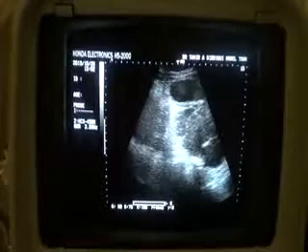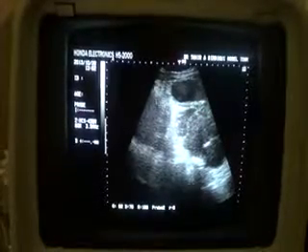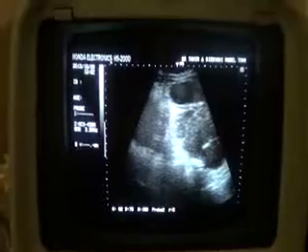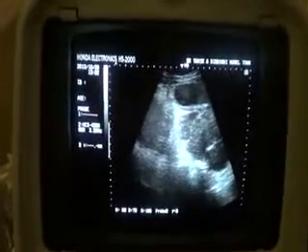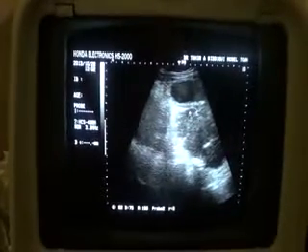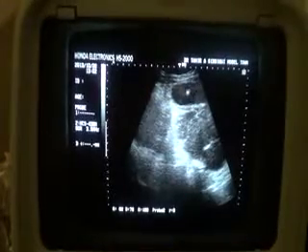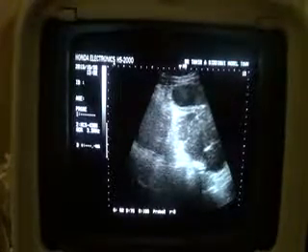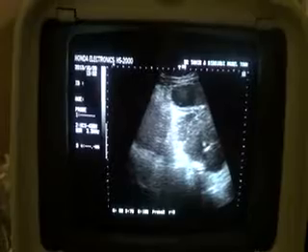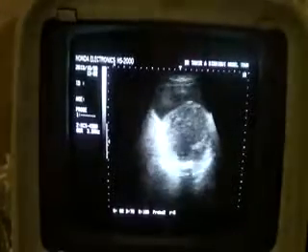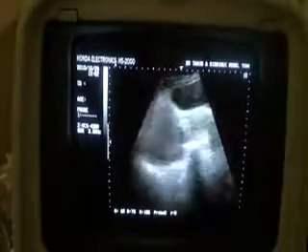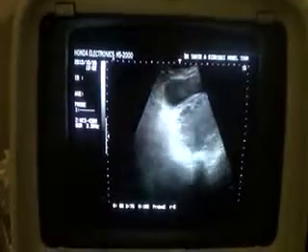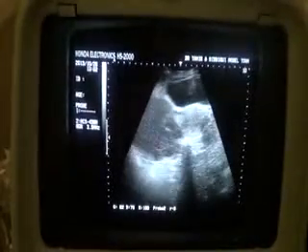Now you see that this is the cyst on the right side, right adnexal, and this is the cyst in the left adnexal. So these are both together, and this is the urinary bladder seen in one view. This is the left, this is the right.